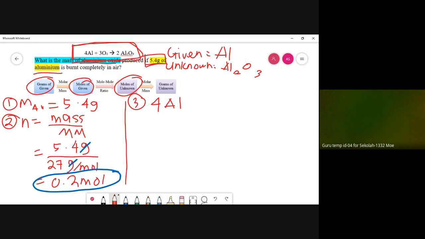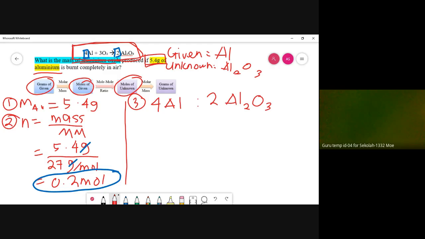Then the ratio is 2 mole of Al2O3. Mana datang 4 ni? Mungkin tak tahu ni, nampak ni. 4 kat depan ni, 2 untuk Al2O3. Ambil coefficient sahaja. Do not include the subscript, nombor yang kecil kat bawah ni. Tak payah kacau yang tu.